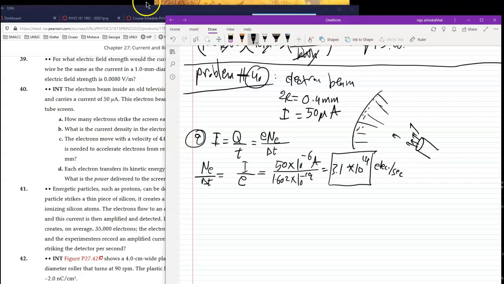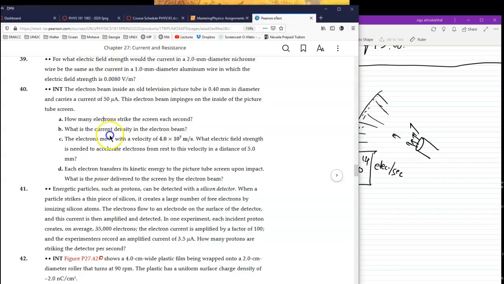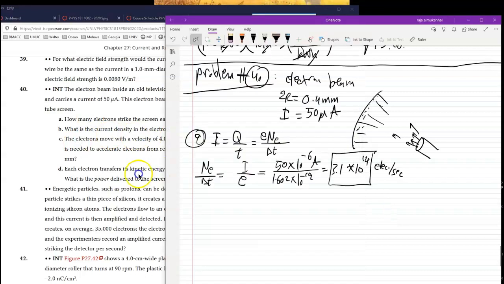The second part, there are four parts. What is the current density in the electron beam? Well, the current density, which is J, I didn't talk too much about it, but basically it is I over A. It's the current per area, and the area here is pi r squared.